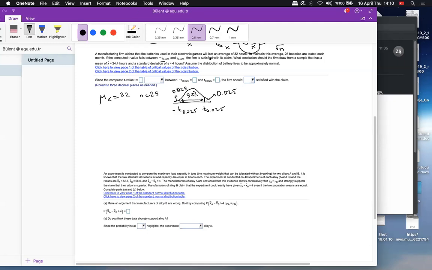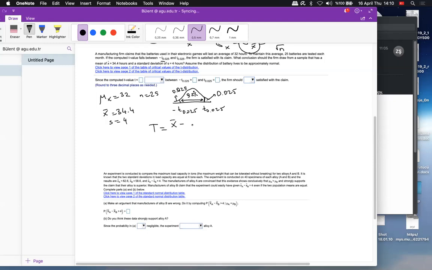Okay, the firm is satisfied with its claim. What conclusion should the firm draw from a sample that has a mean x bar equal to 34.4 hours, and a standard deviation, from 25 samples, of 4 hours, right? So if you remember, T was equal to what?